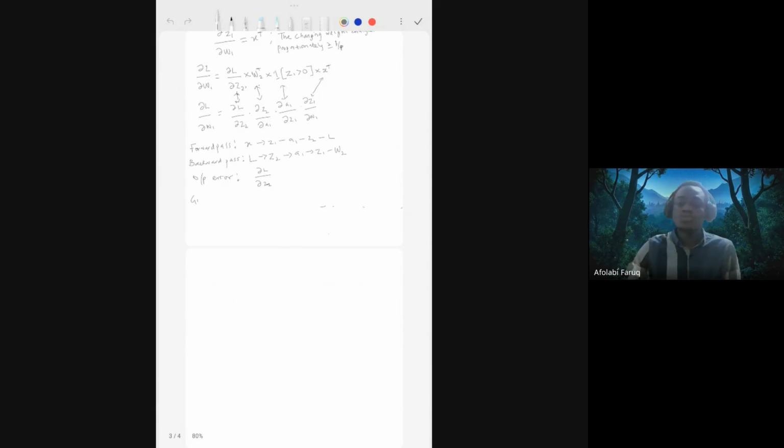We are going to be training the model to be as close to the original data set as possible. That's the reason why we are looking at how the weight affects the loss, and also why we are trying to evaluate the performance of the output prediction using evaluation metrics, mean square error, and so on.